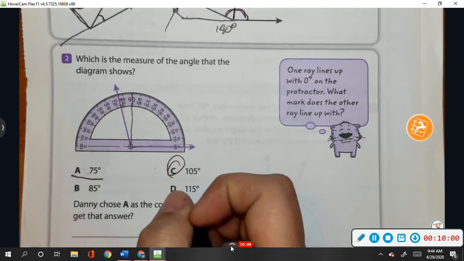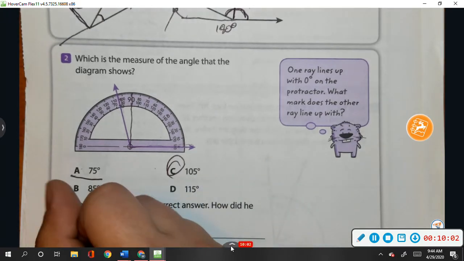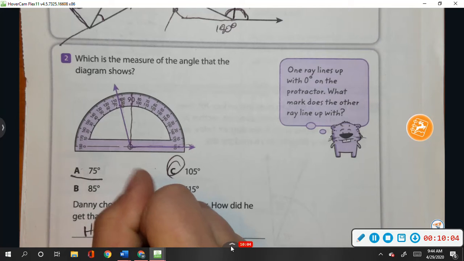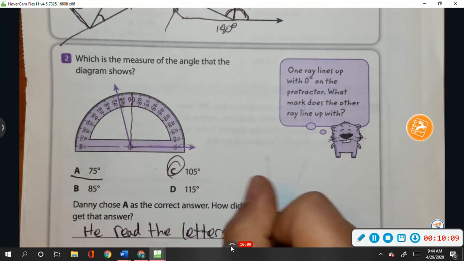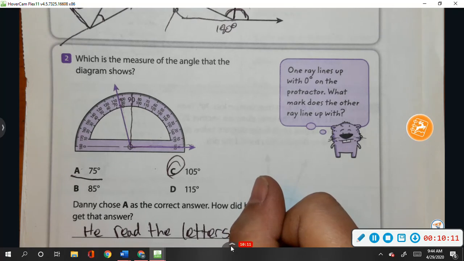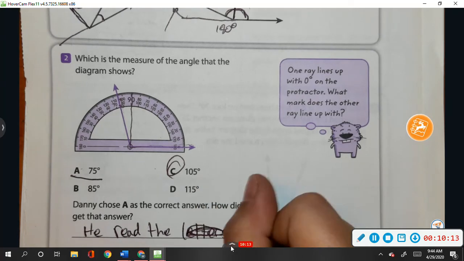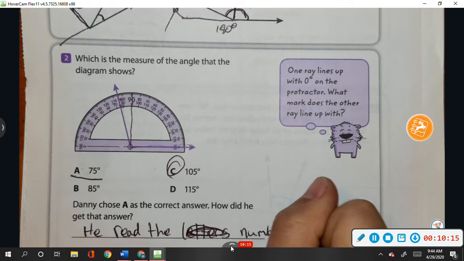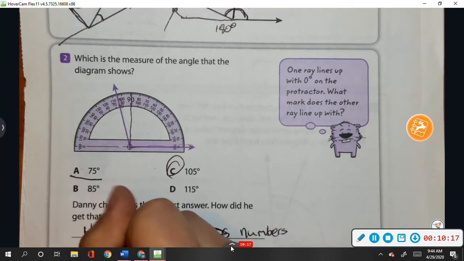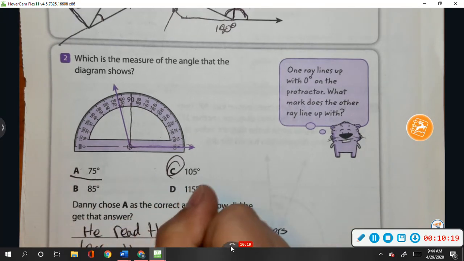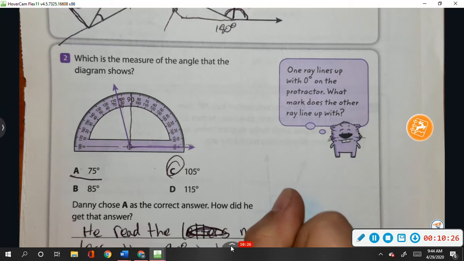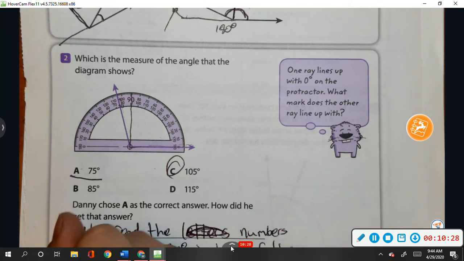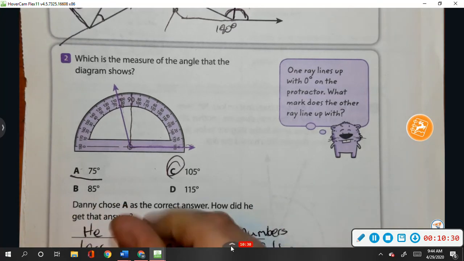So he read the numbers less than 90 degrees instead of the numbers that were greater.